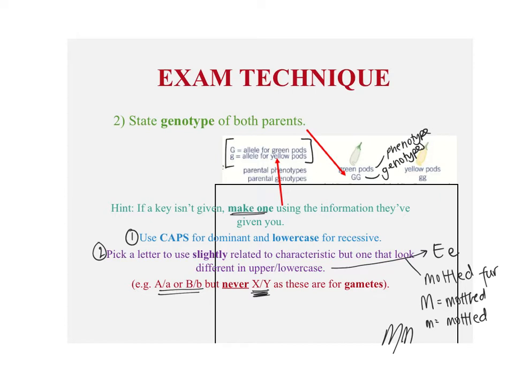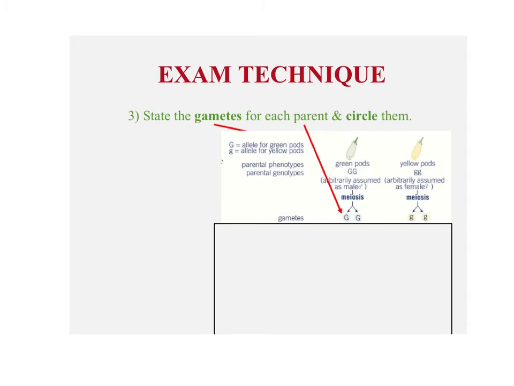Okay, so step 2, you're going to state the genotypes for both parents underneath their phenotypes. Now you've got their genotypes, so big G for the green pods and little g for the yellow pods. Notice here that they've randomly assumed, again because they're flowers, which ones are male and female.